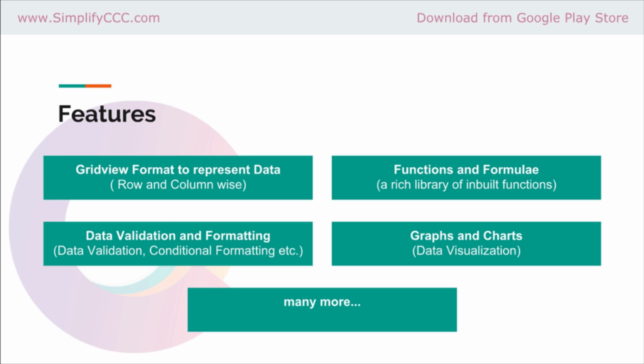There are various features in MS Excel that can be used for performing any task. If we summarize and categorize all those features, there are only four features that you can see on the screen. The first one: MS Excel helps to store data in tabular form and provides a grid view to represent the data in an arranged manner.